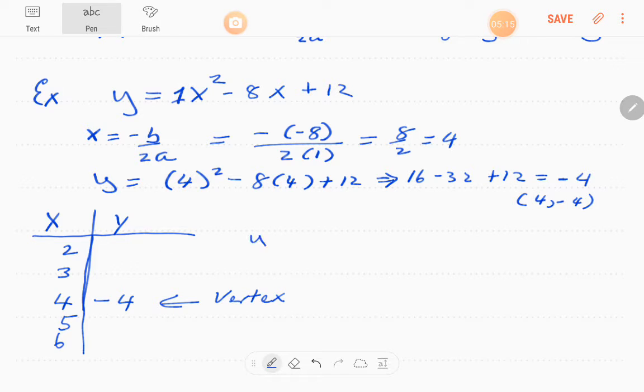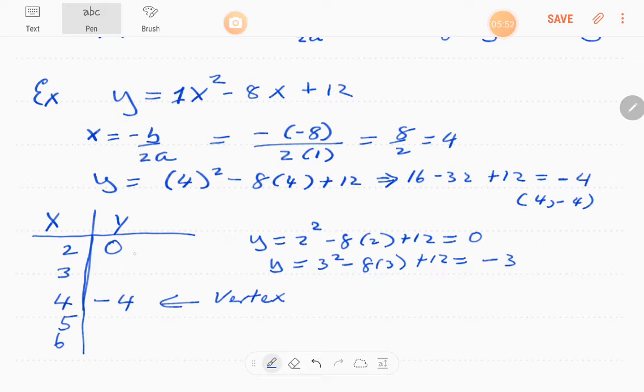And now we just say y equal to 2 squared minus 8 times 2 plus 12. So 4 minus 16 plus 12, that's going to give us 0. Then y equal to 3 squared minus 8 times 3 plus 12, and that should give us negative 3.